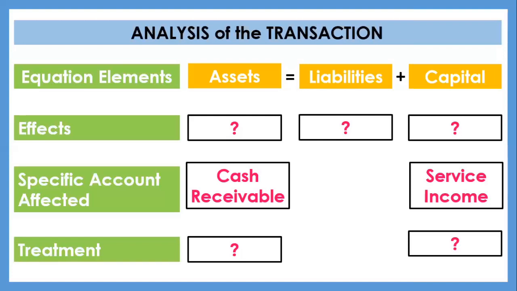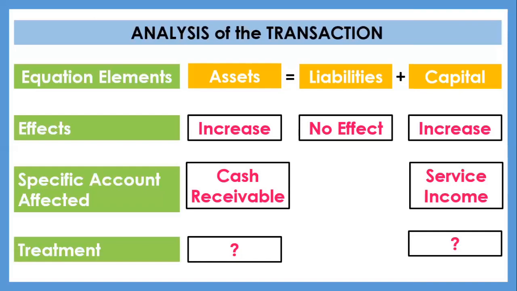Okay, now the second step is to determine the effects towards our assets, liabilities, and capital. So in this case, it increases our asset, no effect on our liability, and it increases our capital as well. Now, the last step is how we will treat these accounts.